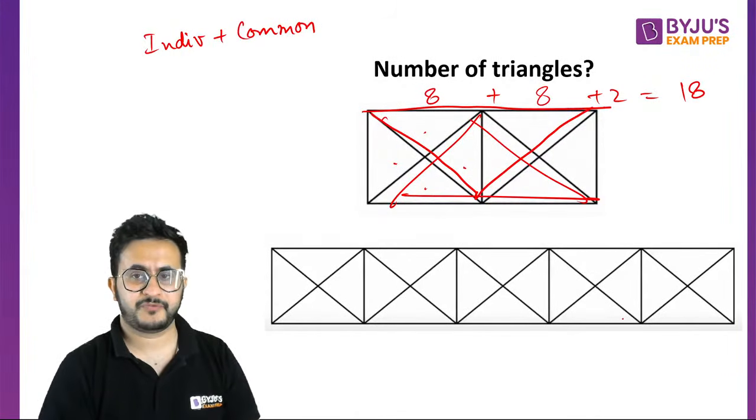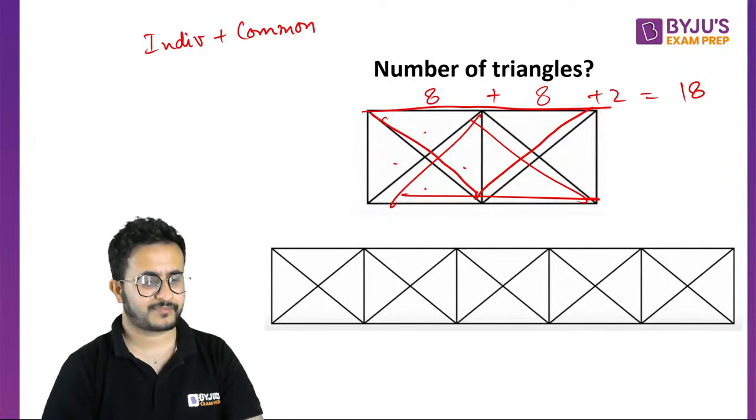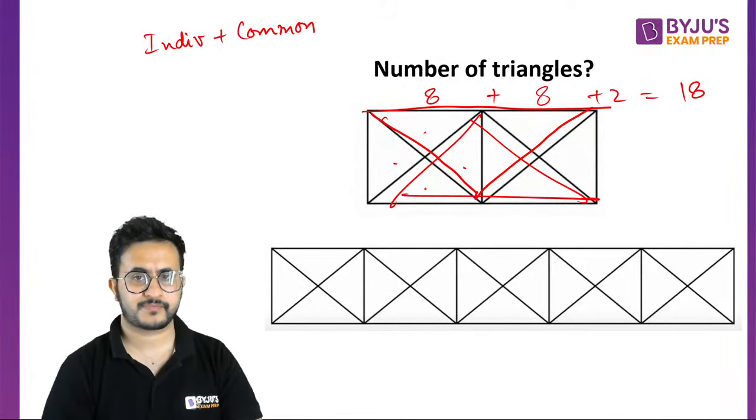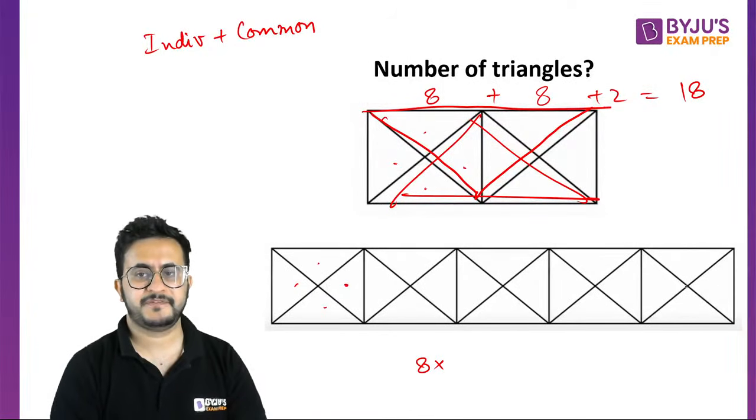Now, what will be the number of triangles in this scenario? How many triangles are there in the second scenario? If we see, like 8, there are 5 such things.